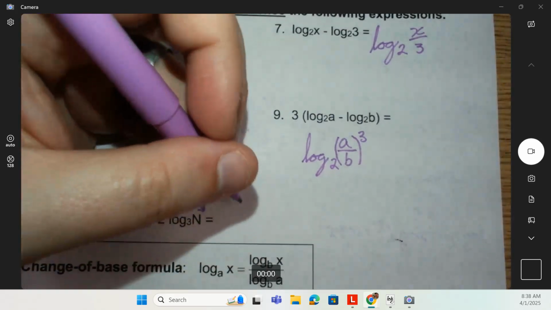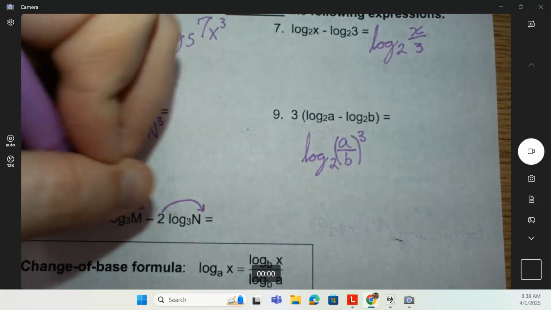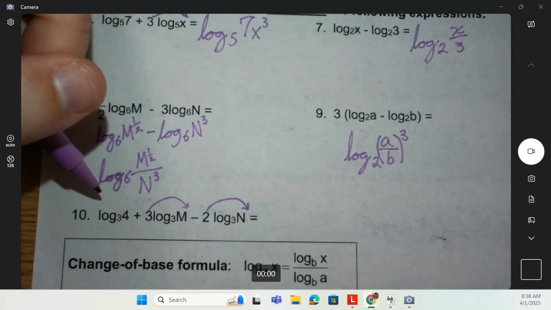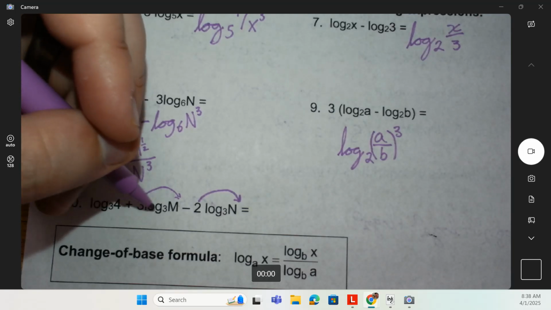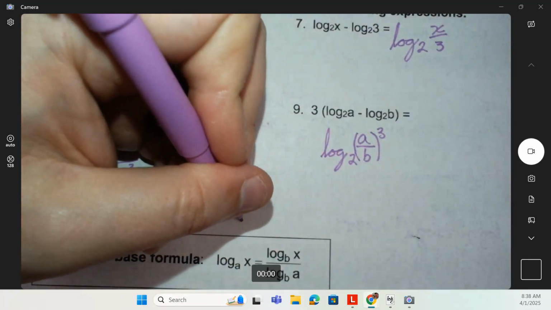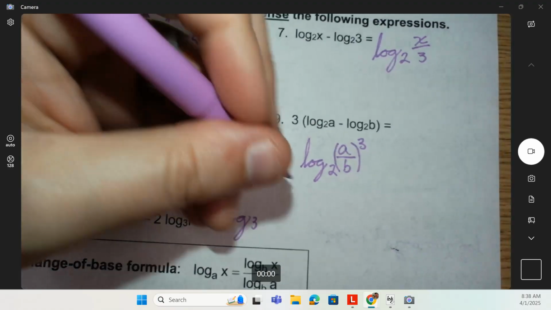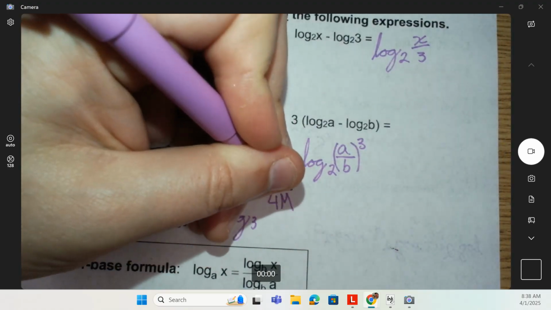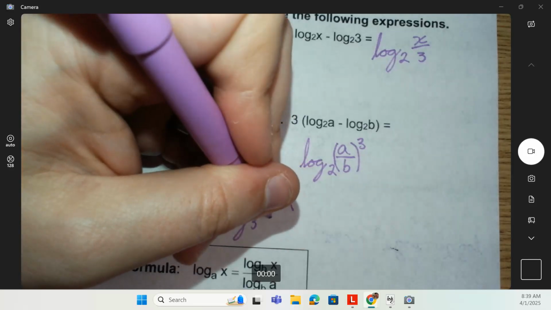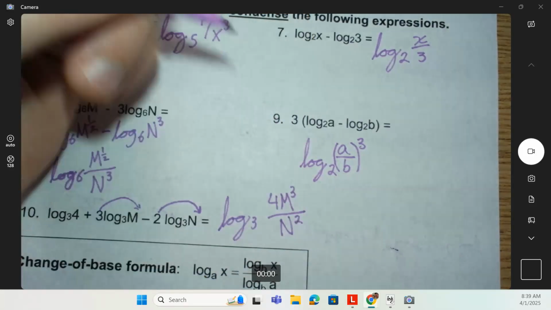So you could say, if I did that, well, really let's just stick with what we know. So log 3 of 4 plus 3 log 3 of m is going to give us log 3 of 4m to the third power over n to the second power.